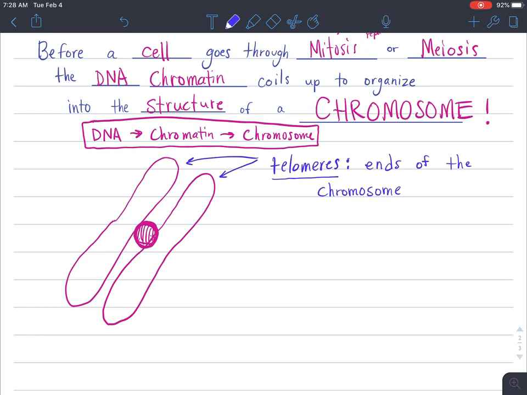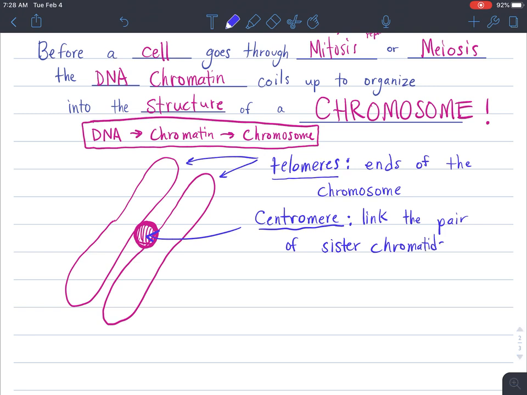And this middle structure here, this is something that we call the centro, because it's in the middle, the centromere. And the centromere is going to link the pair of sisters. But they're not just sisters, we call them sister chromatids. So you can see this prefix, chrome, and all these words mean it's just a form of DNA.